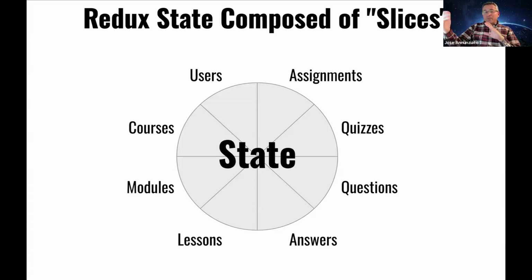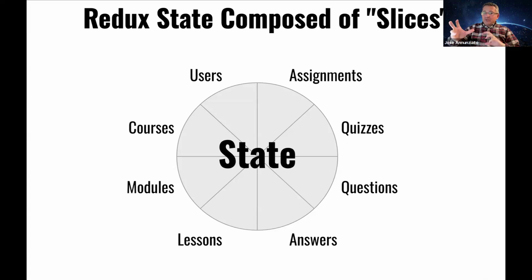And so the way Redux talks about this is they call each piece, each portion, the slice. So you have the whole pie, the whole state, is one big pie, and then you have different slices that deal with different portions of the entire state.